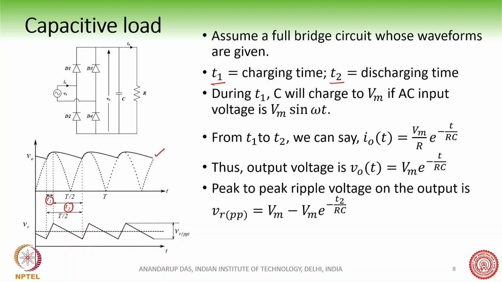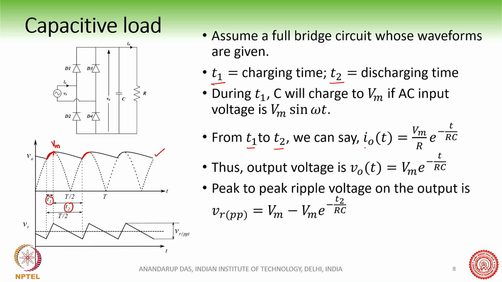As you can understand, during this portion, the capacitor voltage is following the AC input voltage, and from T1 to T2, this point is Vm, after which the AC voltage starts to fall, and therefore the capacitor is disconnected from the diode bridge rectifier, or from the input side, and it starts to discharge.